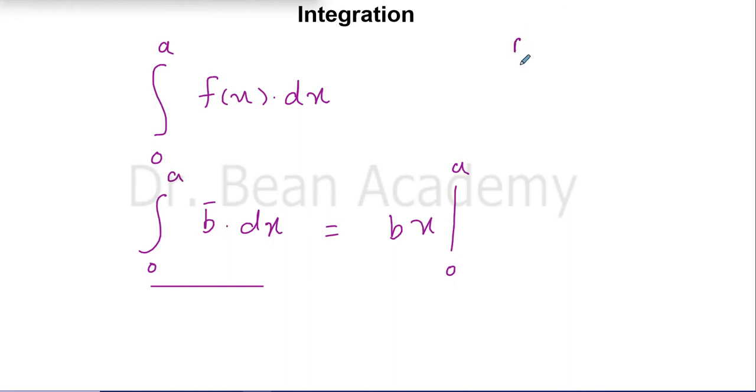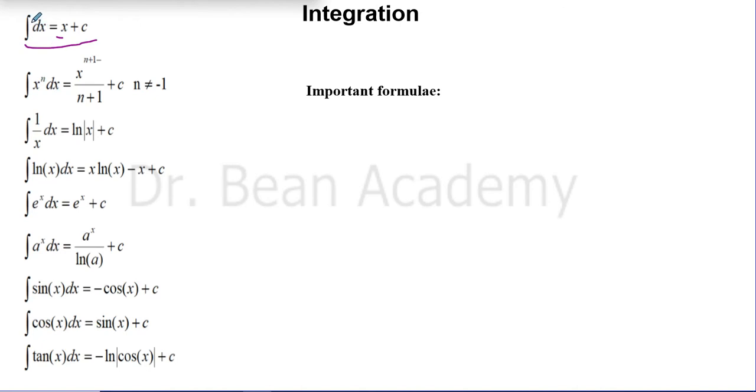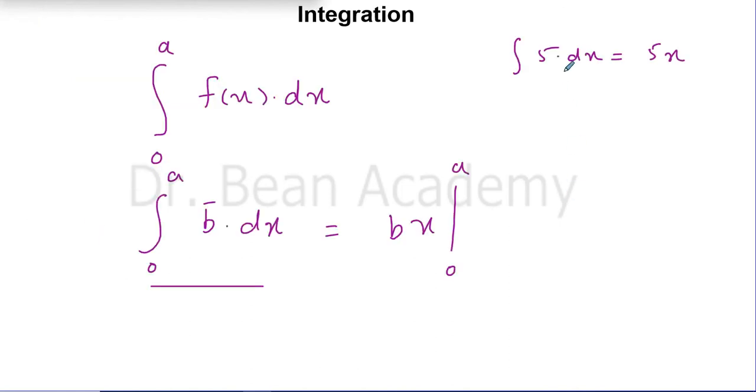So just remember that if you have a constant, for example 5 dx, the integral will be 5x, because in this table it assumes that the constant is 1. So if it is 1, then you only see the x value. But if it is, for example, 5, then of course it will be 5x.